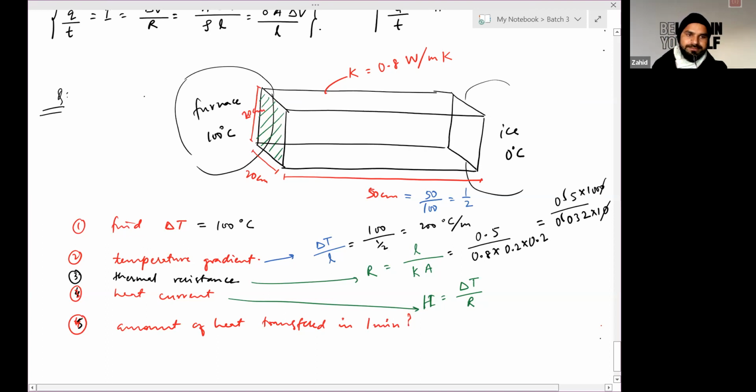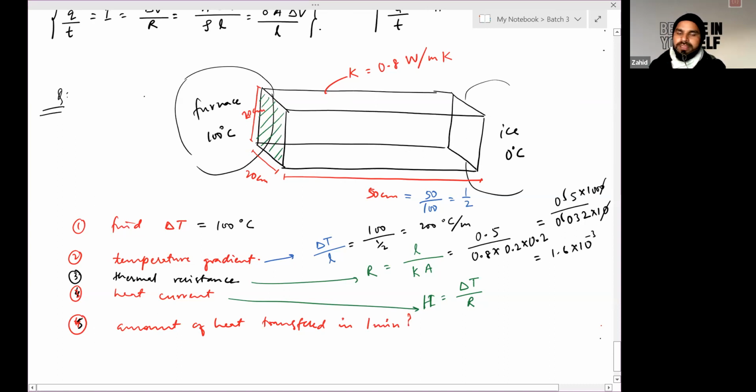Just 1 minute. So it will be around 1.5625. So you will say 1.6 into 10 to the power minus 3.